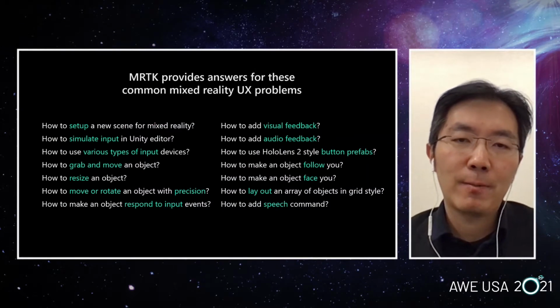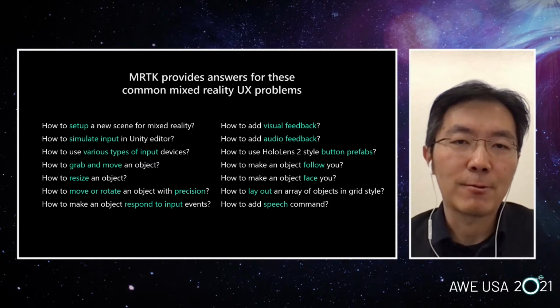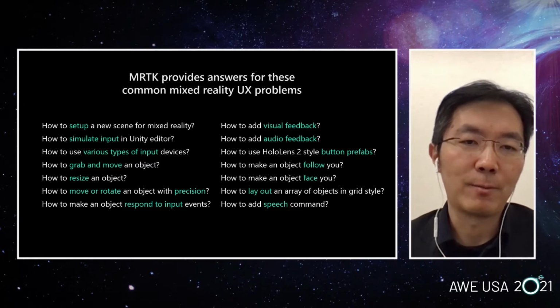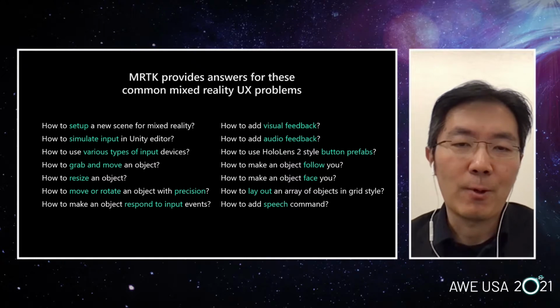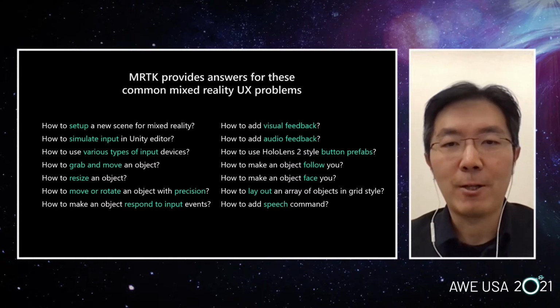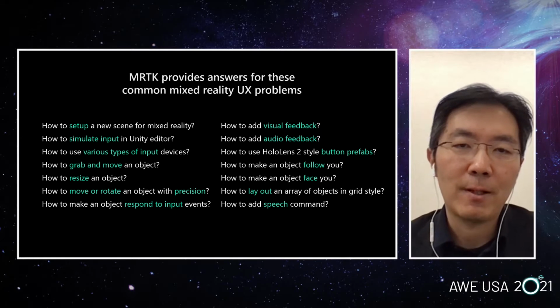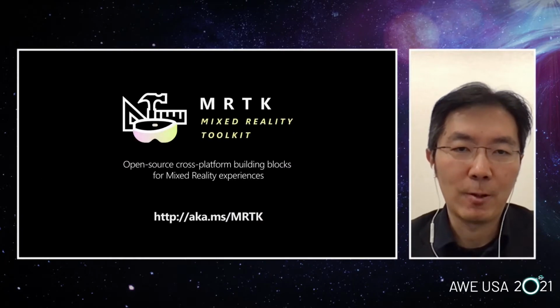MRTK provides solutions for crucial mixed reality design challenges, like how can I grab and move an object, how can I rotate an object, how can I add visual feedback, or how can I make an object follow you. All of these are quite common, crucial mixed reality design challenges. So with MRTK, you can achieve these goals.